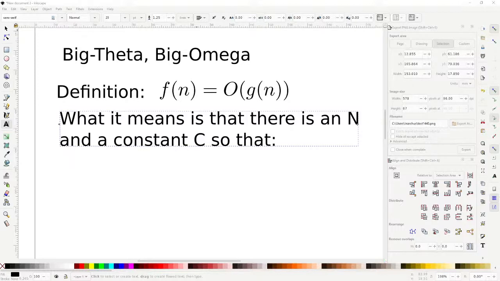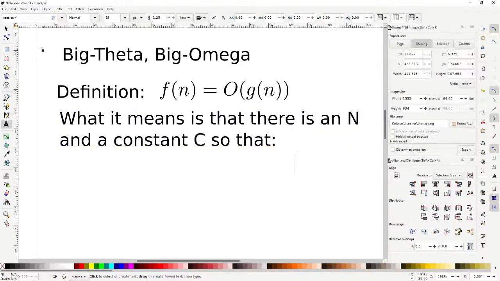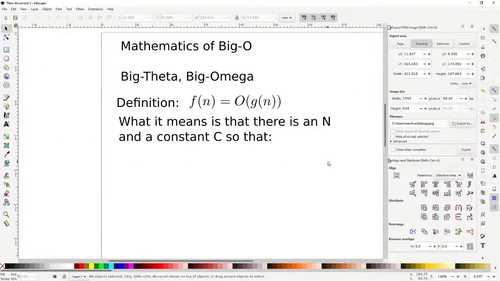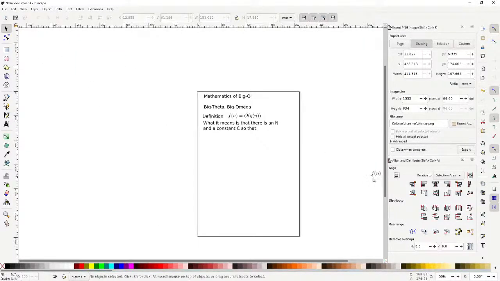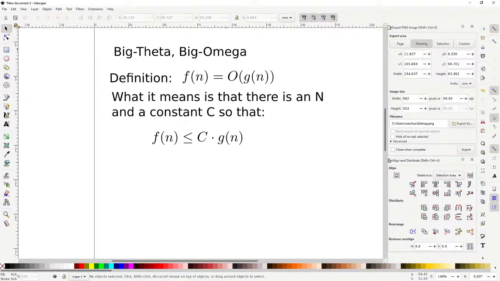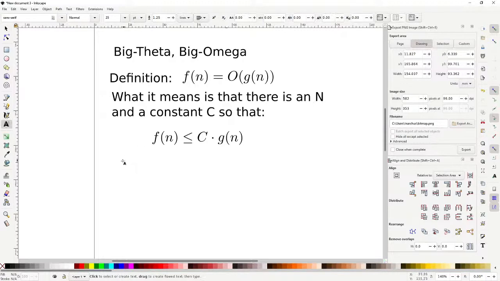So you get to stick the constant on g. So this is the formula that we're looking for. And then the last thing to say is whenever little n is bigger than or equal to the starting capital N, right?